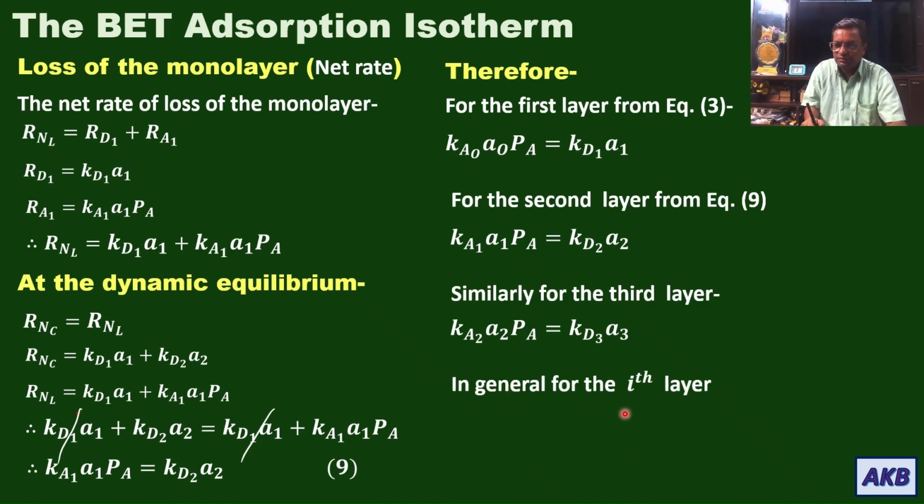So in general, for any ith layer, it will be written in this way: Ka for the (i minus 1) layer, A for the (i minus 1) layer into Pa. That gives us the rate of adsorption on the (i minus 1)th layer, that is equal to Kdi into Ai, which gives us the rate of desorption from the ith layer. I hope you have understood how we get this equation. We are going to use this equation in our further analysis.